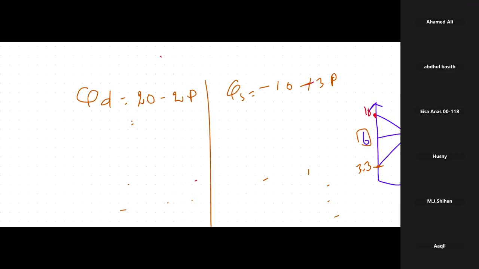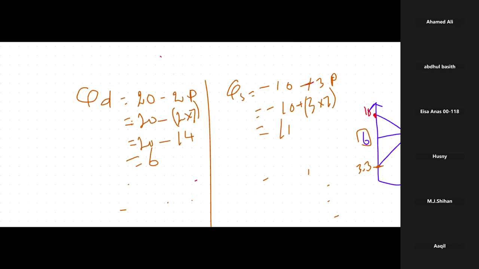At 7 rupees, QD is 20 minus 2 into 7. So 20 minus 14, 6 units. QS is minus 10 plus 3 into 7. So 11.